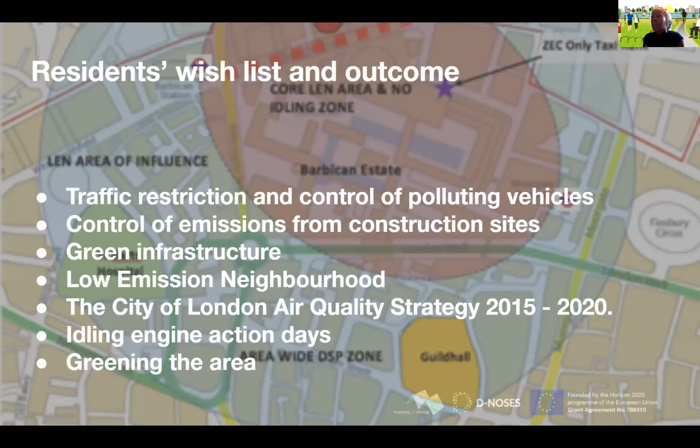They wanted to enforce traffic restrictions in certain locations. They also wanted to look at control measures with regards to emissions from construction sites within the City of London. And they also wanted to introduce green infrastructure as a way to mitigate and reduce certain exposure levels, which was really great.